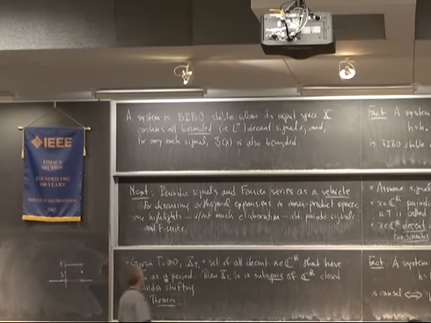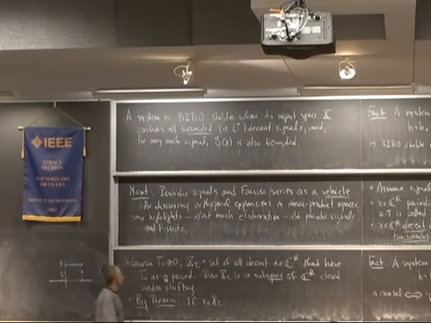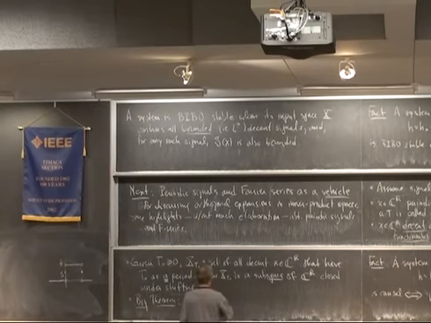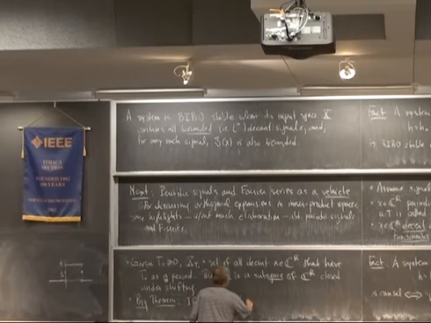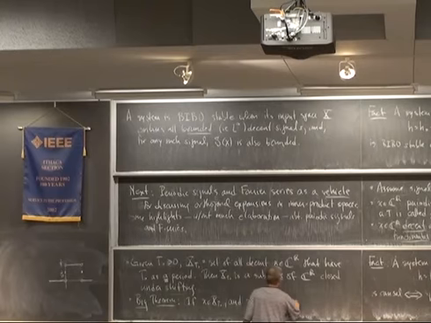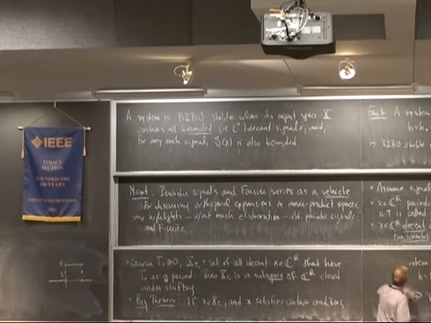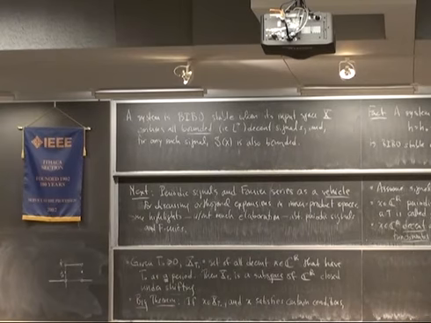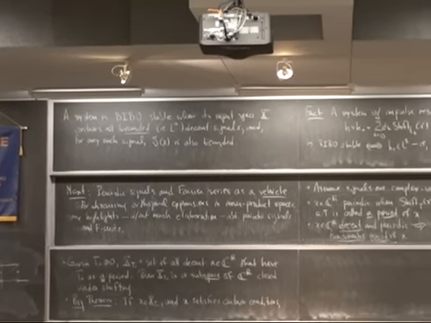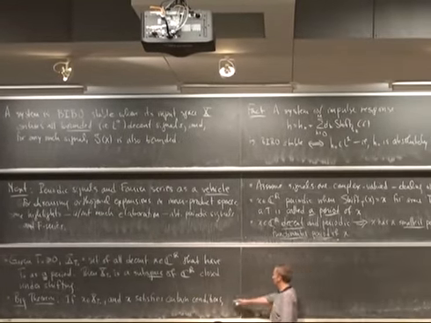If x is in capital X sub T0, in other words, if x is a decent signal that has T0 as a period, and x satisfies certain conditions, namely, I'm just going to say certain conditions today, and next time I'll tell you what they are real quick.